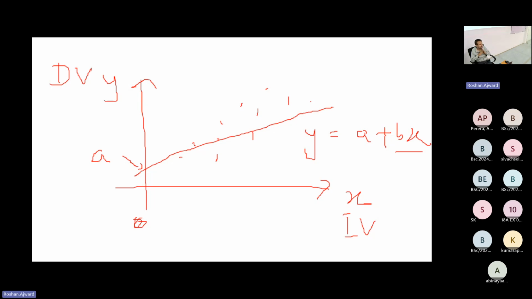So what's B? A is the intercept. In Y equals A plus BX, A is the intercept. Then what's B?